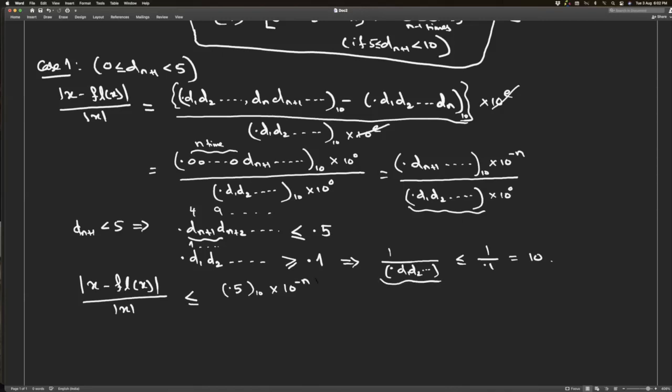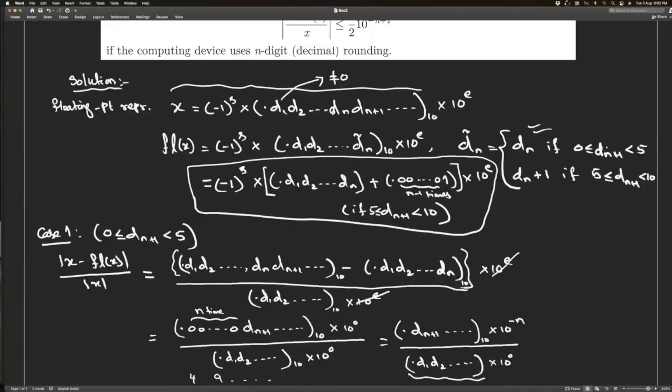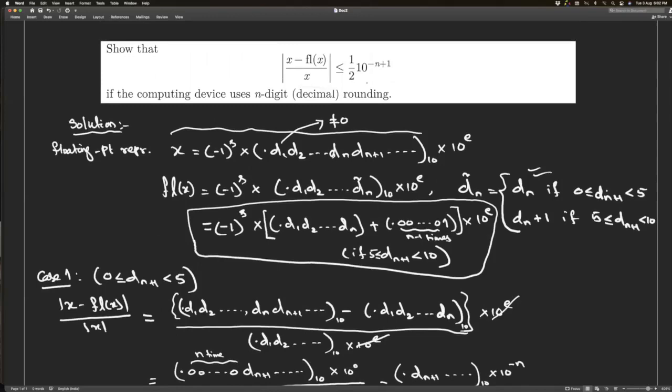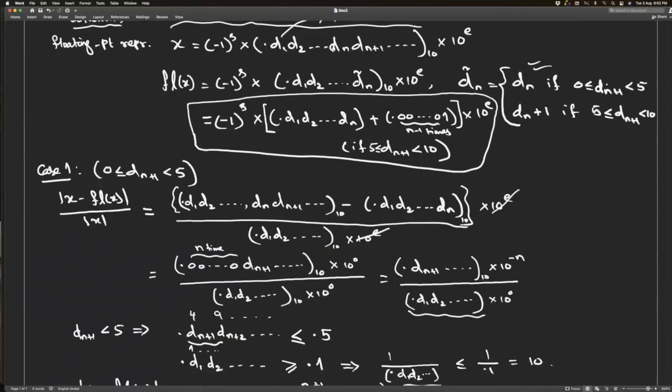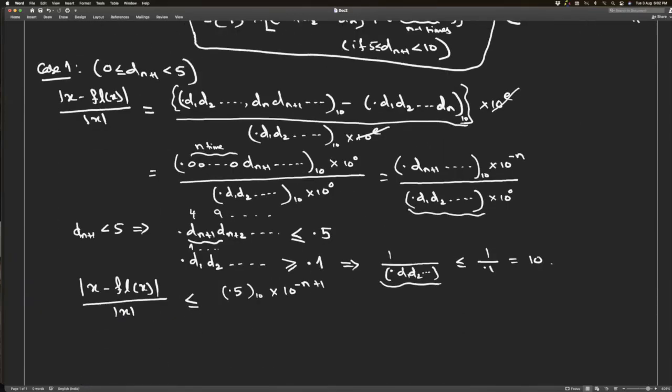Therefore, I have plus 1 here. And this is precisely what we want to show, that this is half into 10 to the power of minus n plus 1, right? So that is what we have shown here.